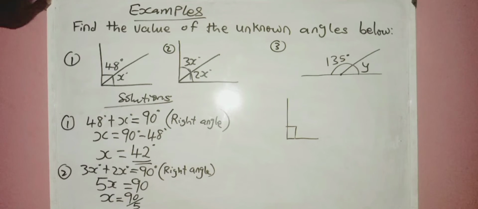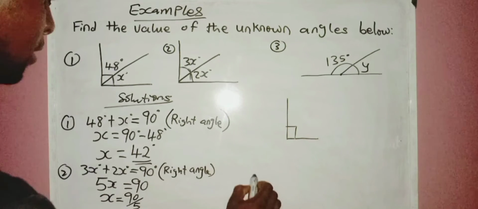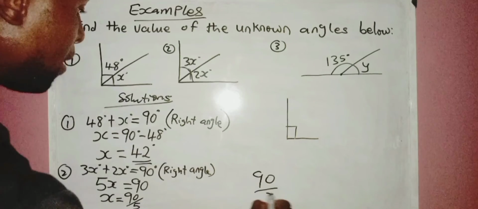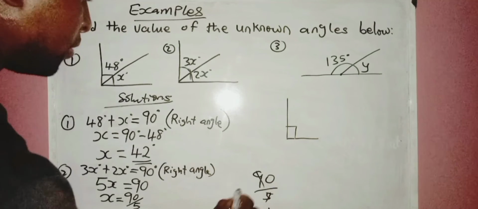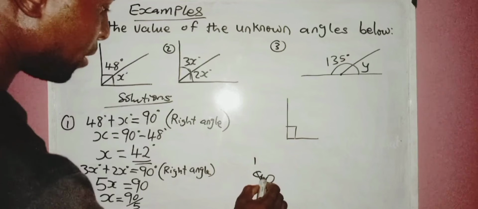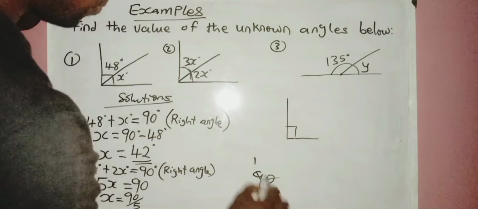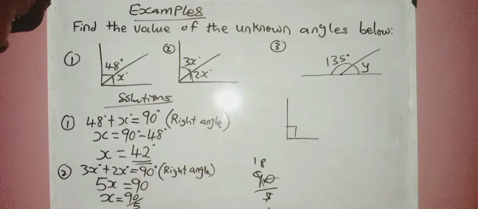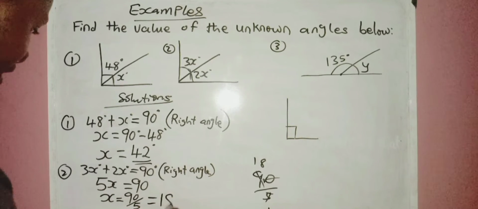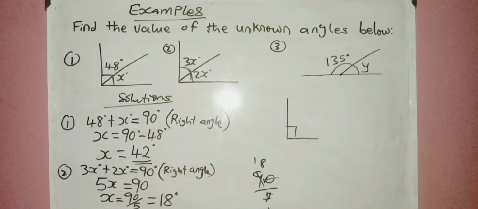What do we have there? 5 into 9 will give us 1 remainder 4. Then 5 into 40 will give us 8. So therefore, the value of x will be 18 degrees. And that is the answer to the question. I hope this is quite clear.